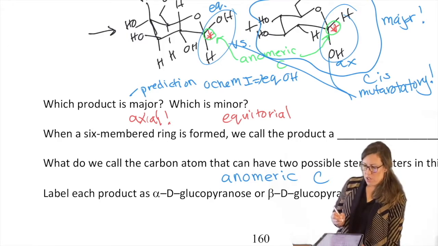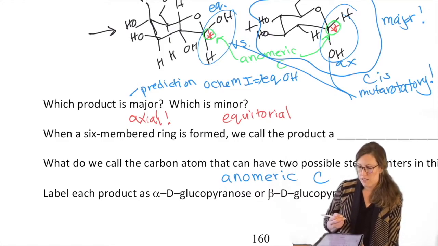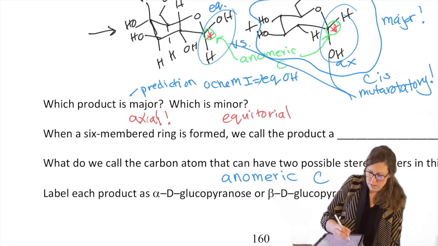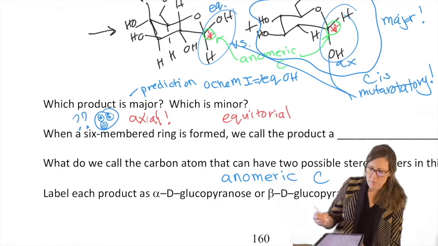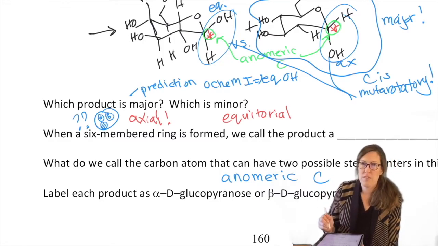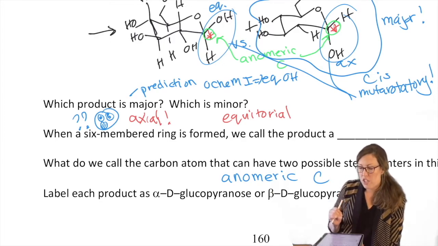Okay, so a couple other things to point out. First, we want to understand why this is kind of a surprise, right? We should be confused by that because we spent so much time in 211 making sure we understood why bigger equatorial groups were favored, and why would we put a small H equatorial and let the bigger OH with lots of electronic repulsion axial.